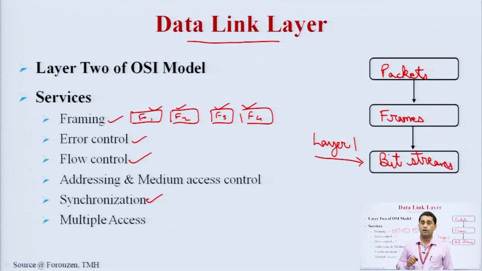So, now you are understanding the importance of the data link layer: framing and synchronization, then error control, flow control. Another important parameter is addressing. In most exams you find questions on addressing. There are 2 types of address in computer networks. Address 1 is the logical address, which is known as the IP address.